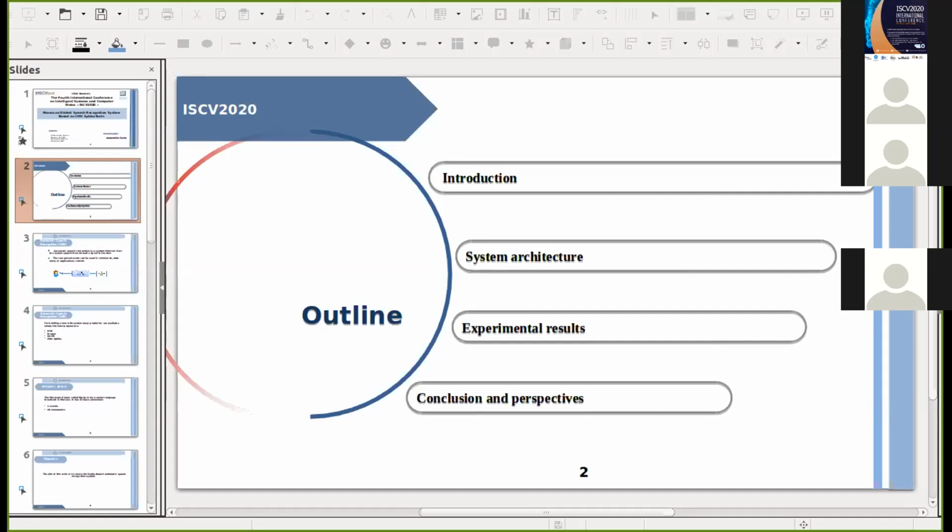Mr. Abdurrahim, we can't hear you. Please move your slide. Your slide is fixed on number 2.